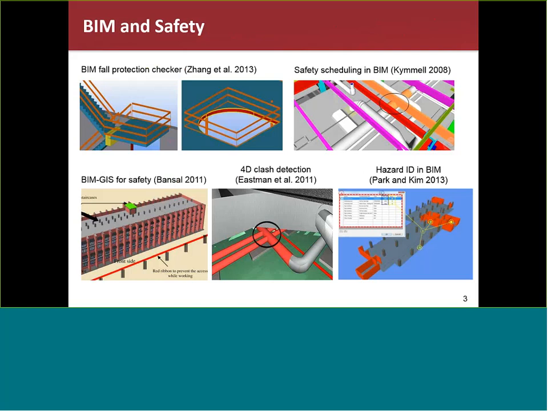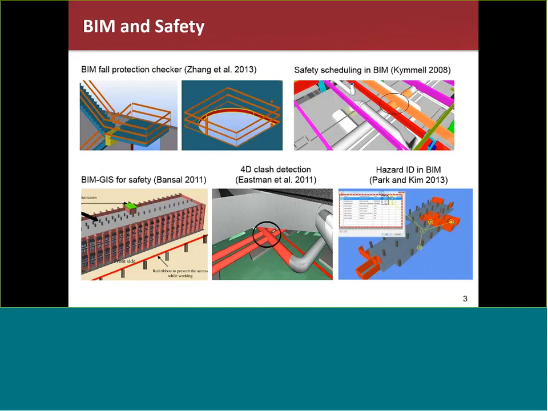So the research that I'm going to present to you today utilizes building information modeling, which basically provides a platform for all types of communication and file sharing and information sharing for construction project stakeholders. And so on the slide, I picked some really good, in my opinion, safety research projects from academics that have taken advantage of the communication platform of BIM to improve safety.